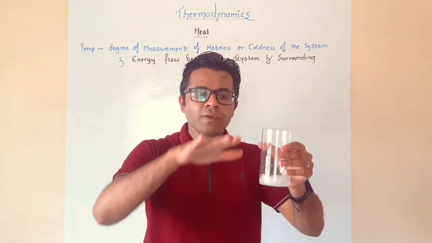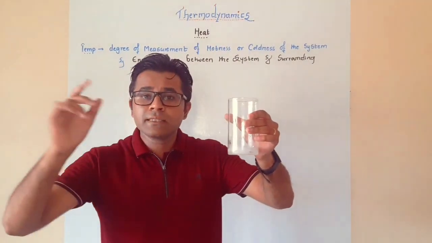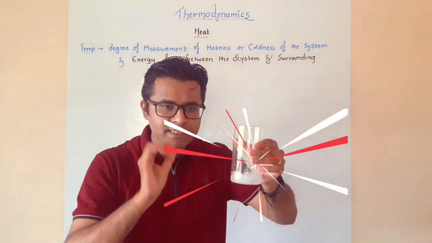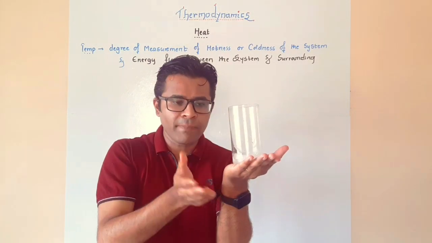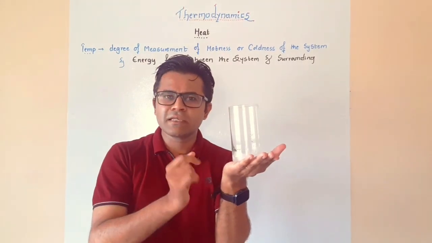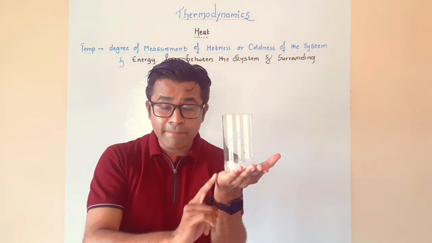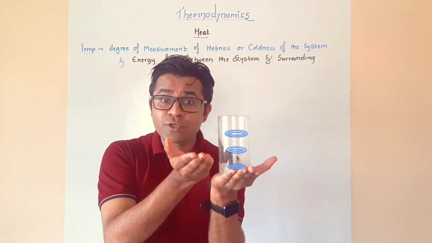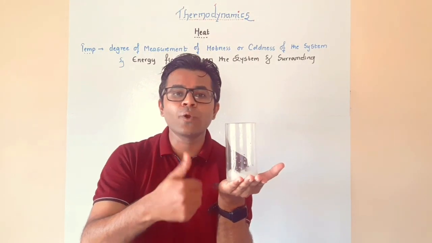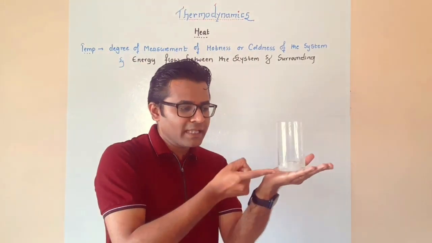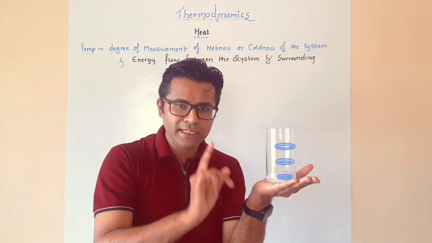Now, you need to understand that whenever there is a change in temperature between the system and the surrounding, the heat is going to flow. For example, if I hold this glass like this, my palm is going to feel its coldness. Why is this palm feeling cold? Because there is a temperature difference. The heat is being absorbed by the glass. When my body loses heat, it will start feeling colder. So the heat energy from the palm is going towards this container. This is how it happens.